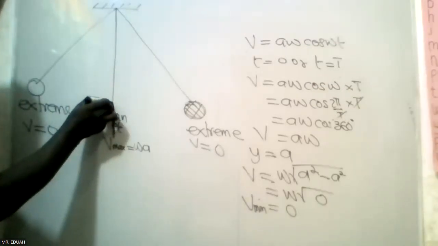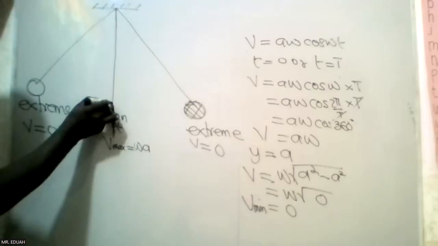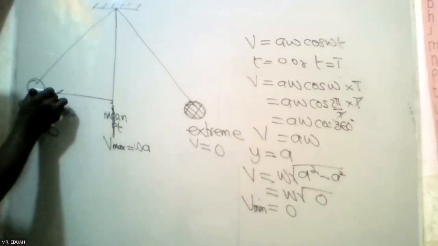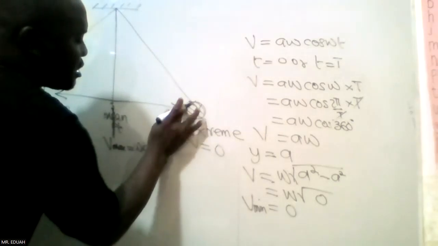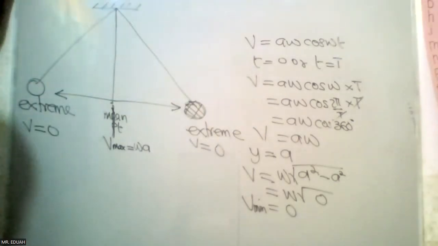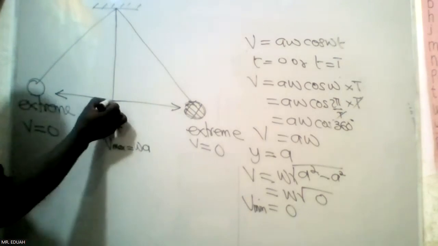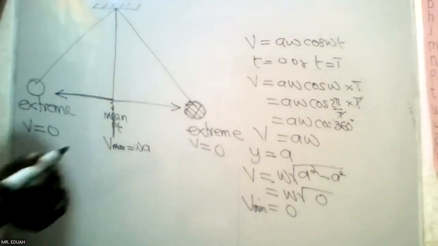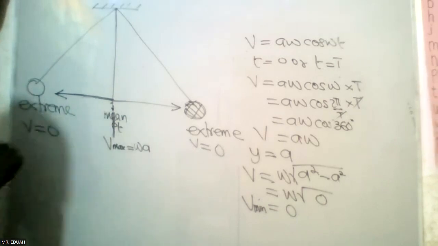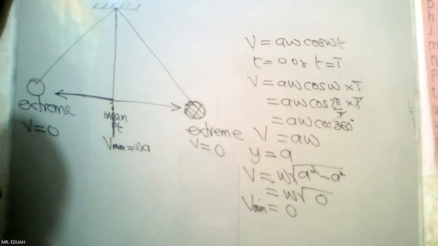If the body is moving from the mean point to one extreme, is the velocity increasing or decreasing? Decreasing.